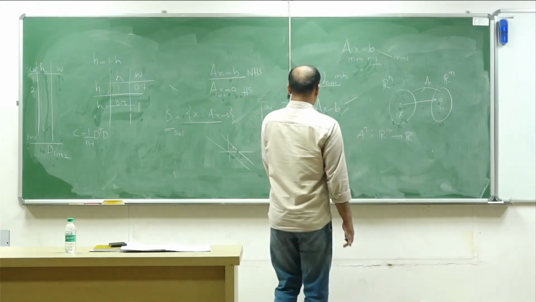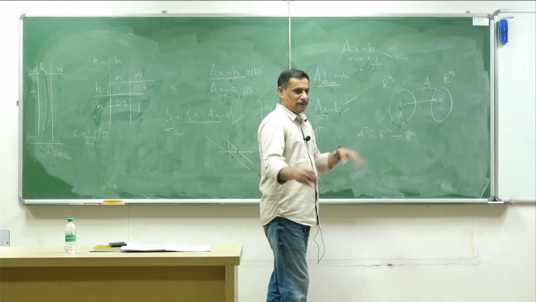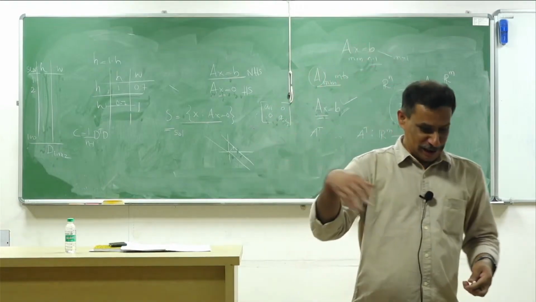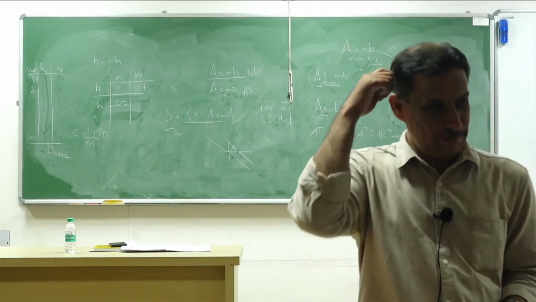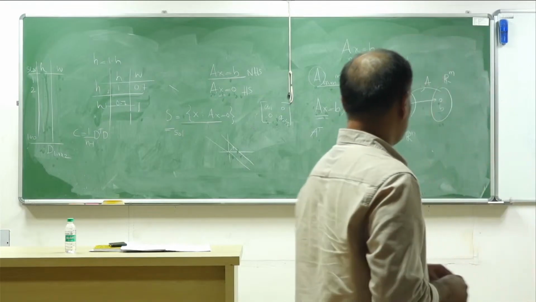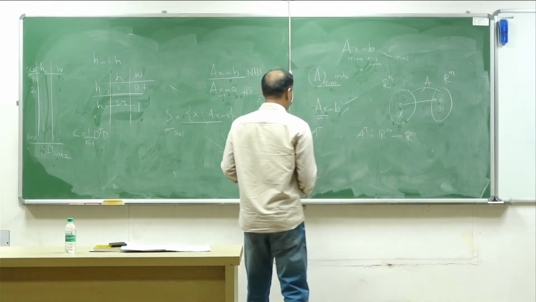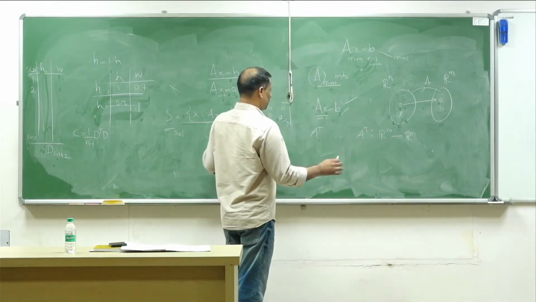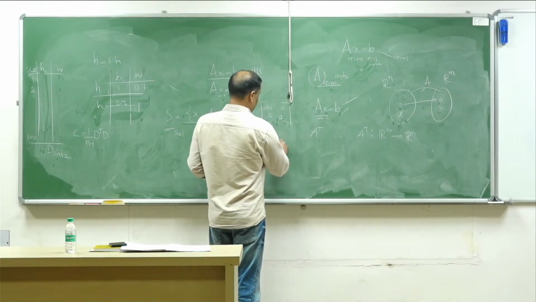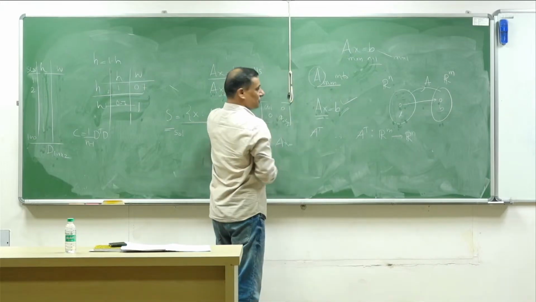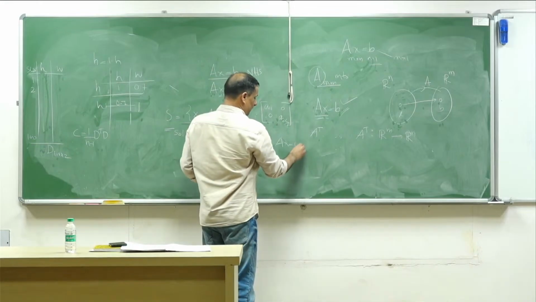Okay, we were discussing row space and column space. There is something called the null space of a matrix. What is the null space? We know AX equals B is our non-homogeneous system. I make AX equal to 0.